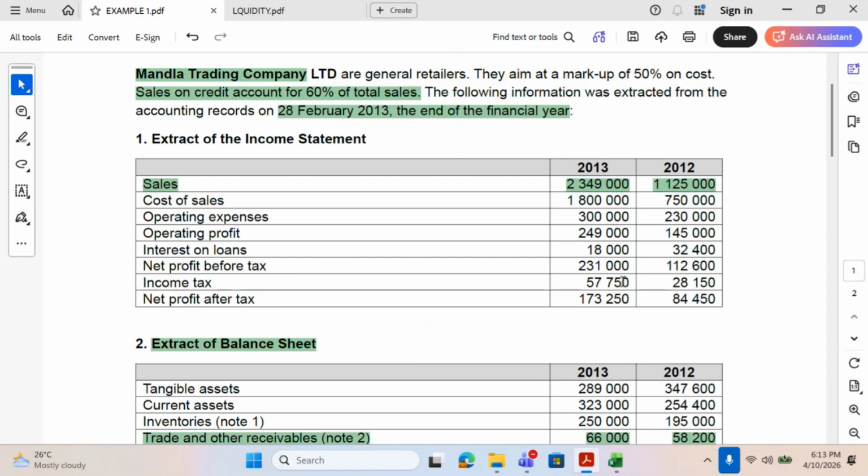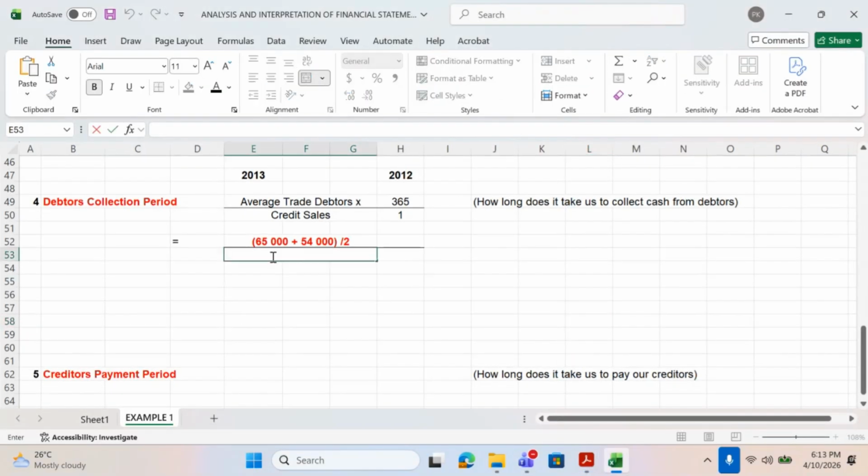So these 2,349,000 rands, I need to multiply it by 60% for me to get my credit sales. Then I multiply it by 365 over 1. Are you guys still following this one? I hope you guys are still following.